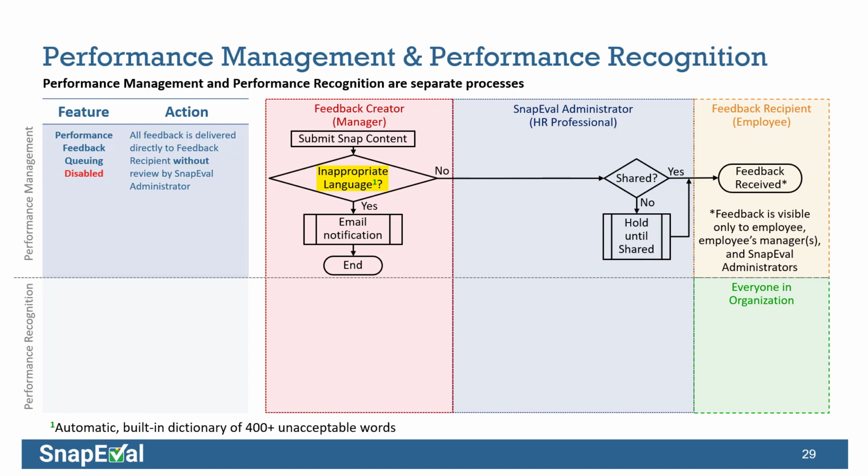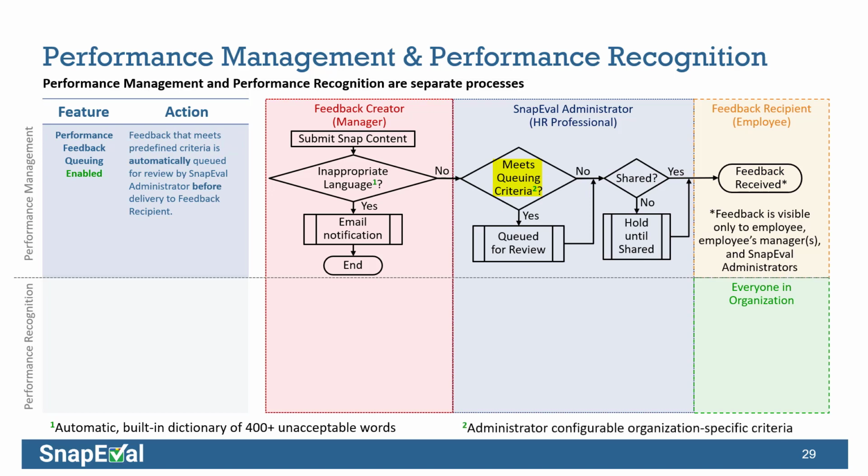So you'll just have to work around those words if it turns out that they happen to get flagged by the SnapEval system. The next step, of course, if it does pass through the inappropriate language filter without any issues, which 99% of all snaps do, then depending on whether you've shared it or not with the recipient, it'll either be held until it's shared or it will be shared with the employee immediately.